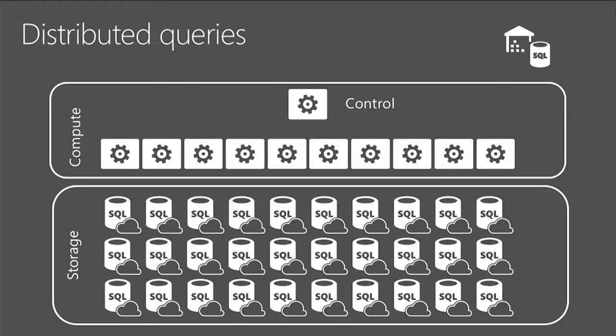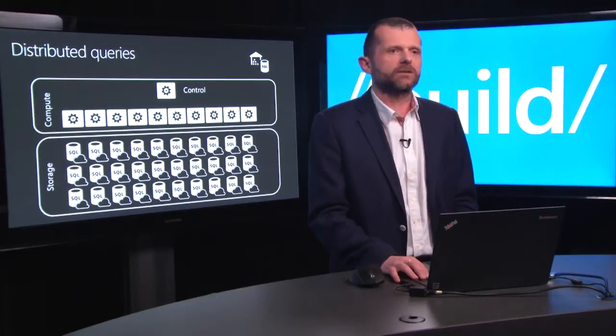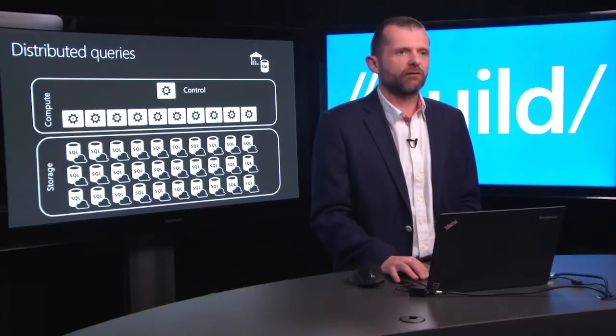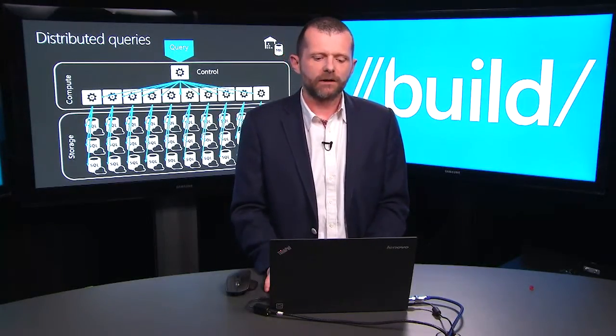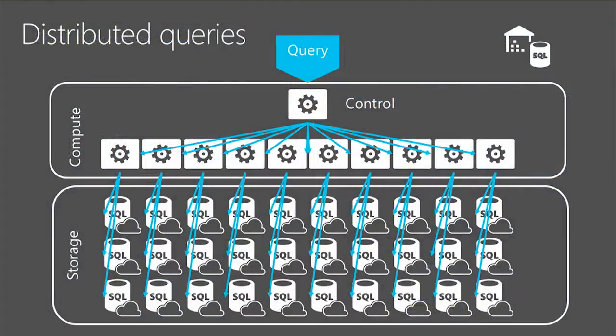Now, when it comes to distributed queries, this is what gives SQL Data Warehouse its power and its ability to analyze massive volumes of data and achieve petabyte-scale analytics. When a user submits a query, that query is broken up, distributed across the compute, and pushed down against the storage to process the result.